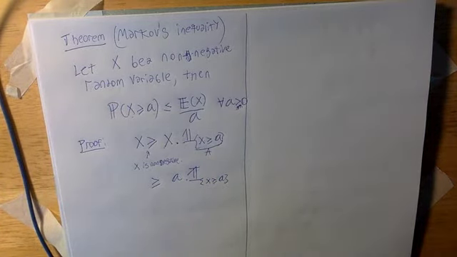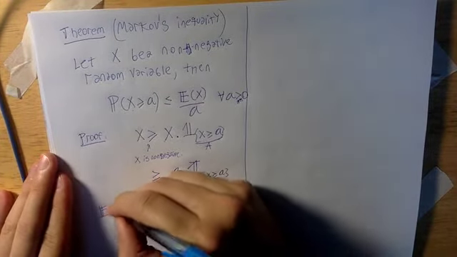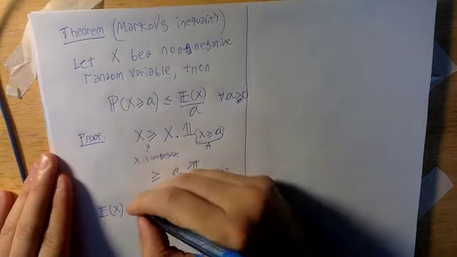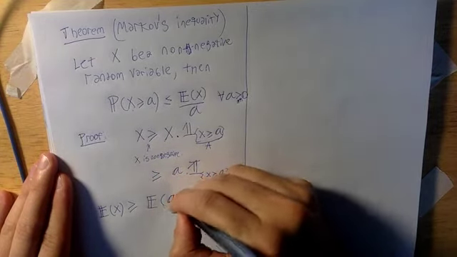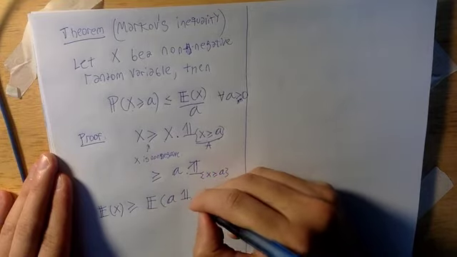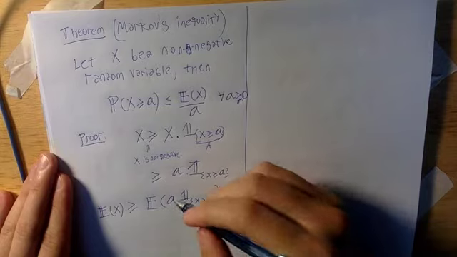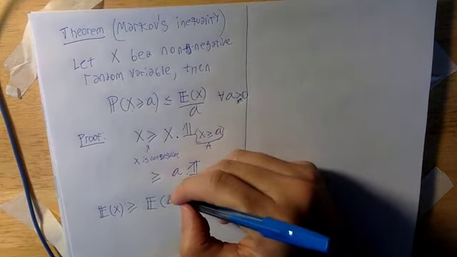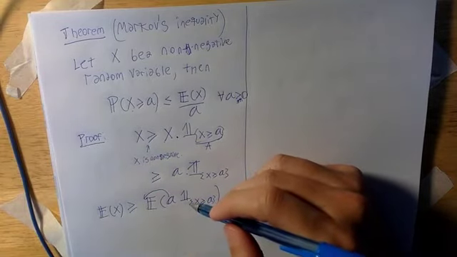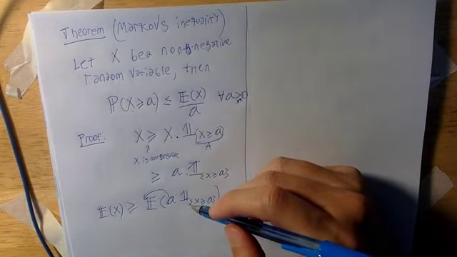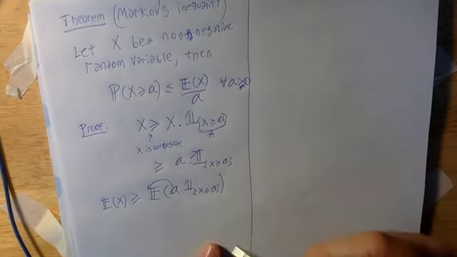So, in particular, by the observations we saw before, the expectation of x is bigger or equal than the expectation of A times the indicator of x bigger or equal than A. But now, using the linearity of the expectation, we can take A outside, and use the property that the expectation of an indicator is the probability of the set.